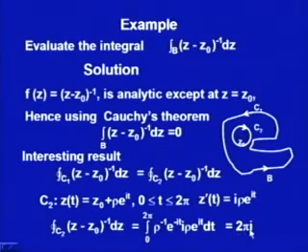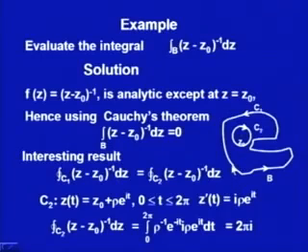I am getting 2 pi I. This says that rho is immaterial, and since Cauchy theorem says that the integral along the whole boundary of this multiply connected domain should be 0, whatever this outer contour C1 is, I can always make it equal to the integral along this inner contour C2.